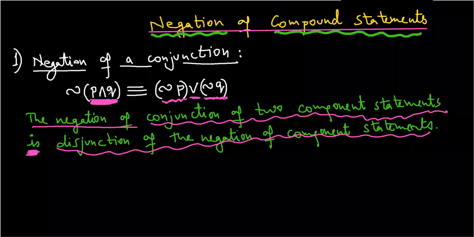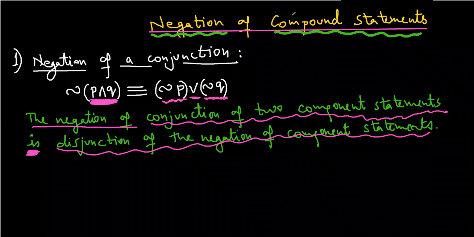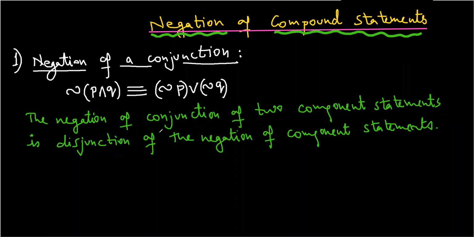So negation of conjunction is the disjunction of negations. Very simple one. You have to learn the law. What is the law? The negation of conjunction of two component statements is disjunction of negation of two component statements.